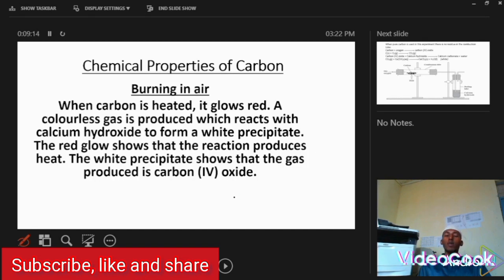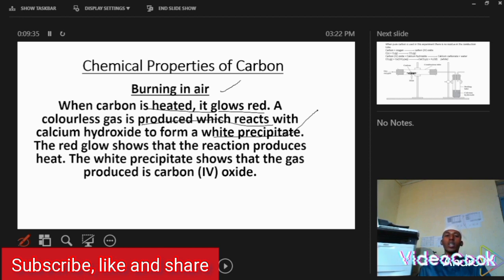Next, now we go to the chemical properties of carbon. How carbon burns in air. When carbon is heated, it glows red. A colorless gas is produced which reacts with calcium hydroxide to form a white precipitate. This is the test for carbon dioxide gas.